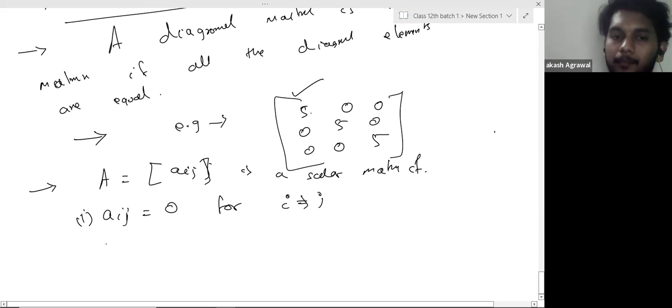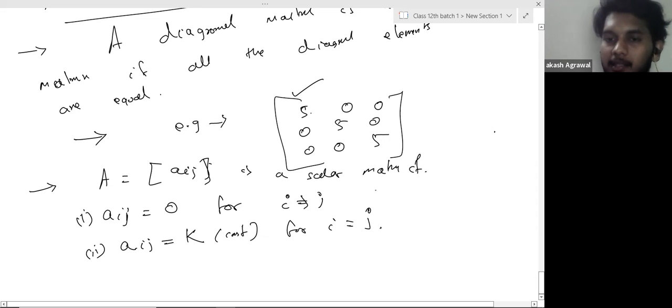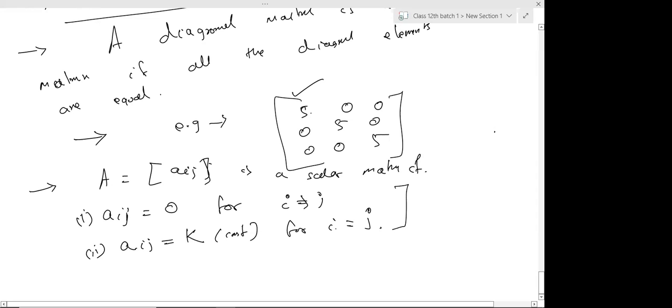Second part will be Aij must be equal to k, some constant, for I equal to j. Is this clear how I wrote this? Yes, sir.